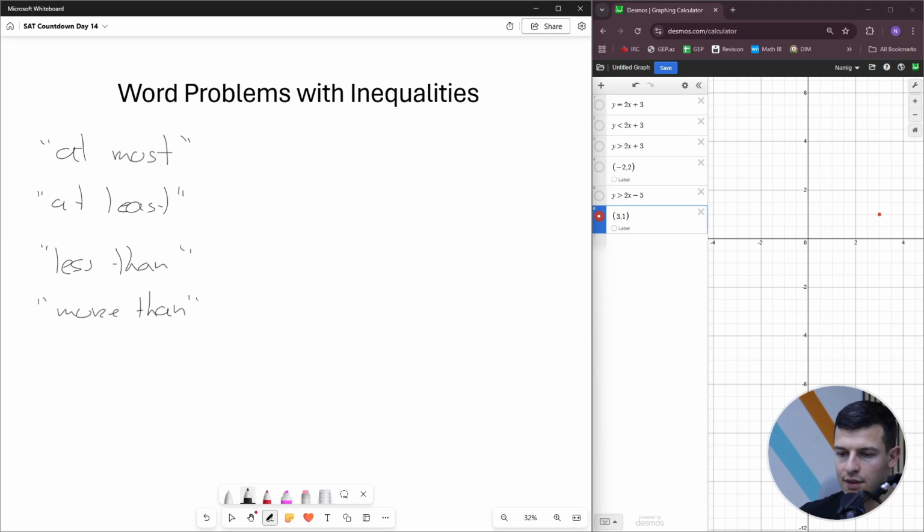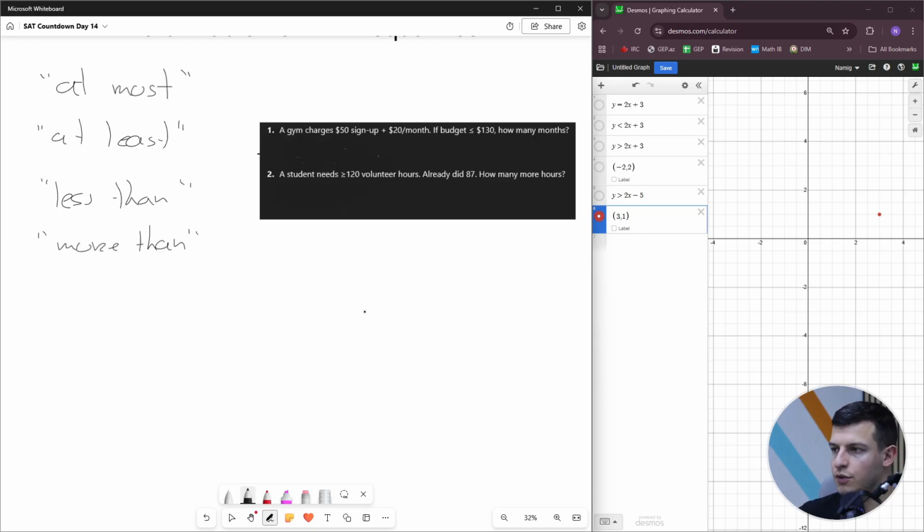So let's take a look at an example here. I've got two questions here. Let's take a look at them. A gym charges $50 to sign up and $20 a month. If the budget is less than 130, how many months can we sign up for?